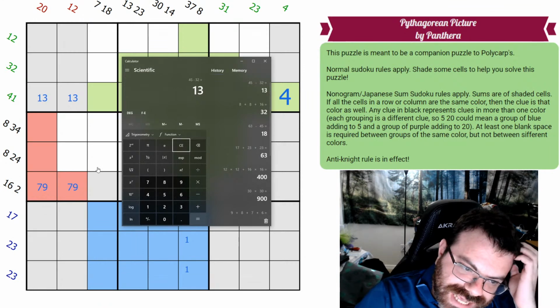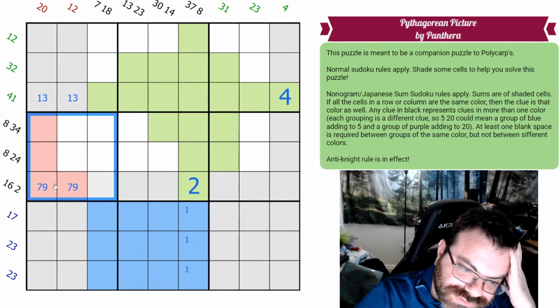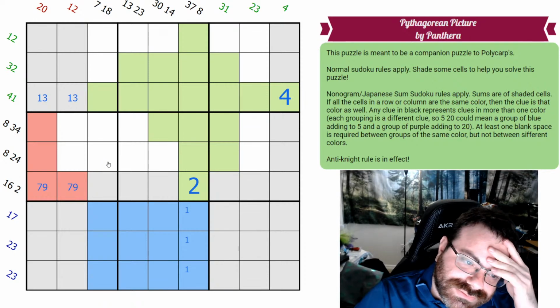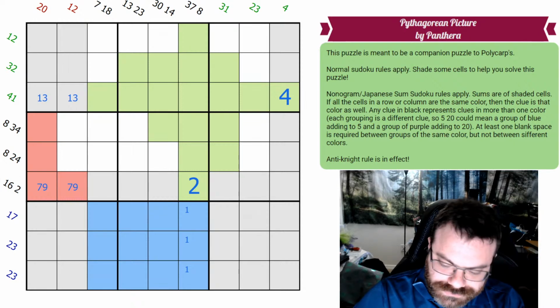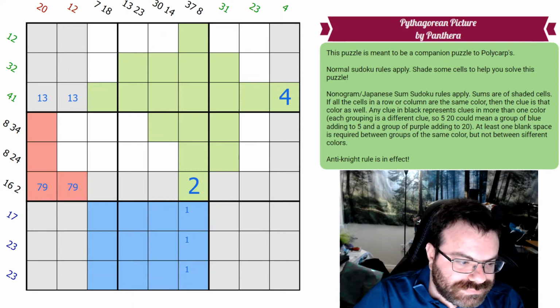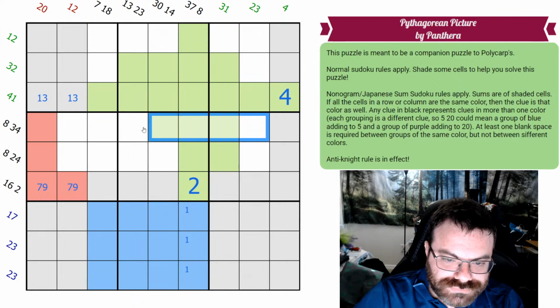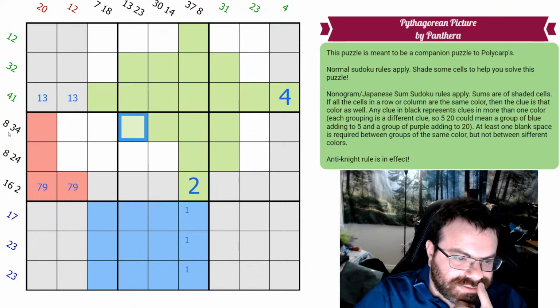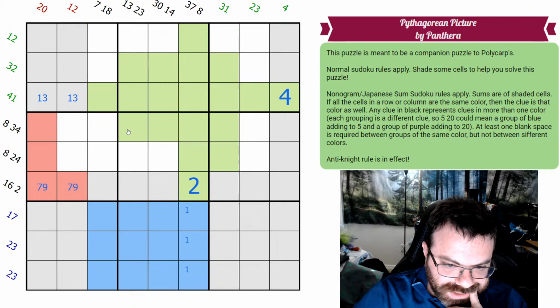The unshaded cells add to 13 here. How does that help? Oh, this one has to be green because the 34 clue needs to be 5 long.